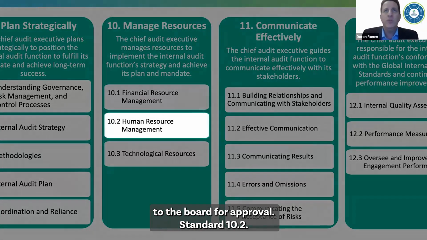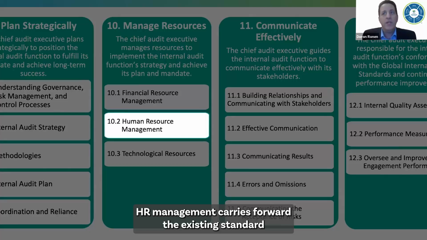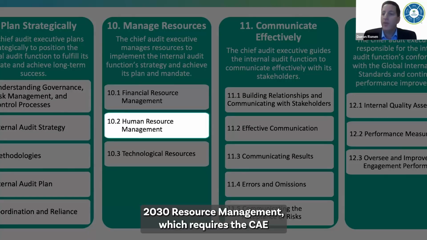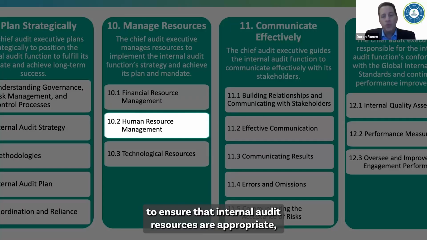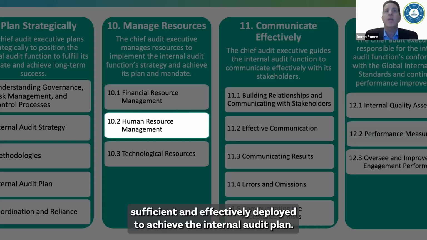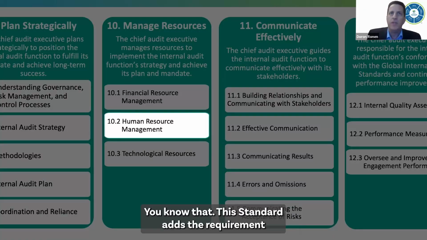Standard 10.2 HR Management carries forward existing Standard 2030 Resource Management, which requires the CAE to ensure that internal audit resources are appropriate, sufficient, and effectively deployed to achieve the internal audit plan. You know that.